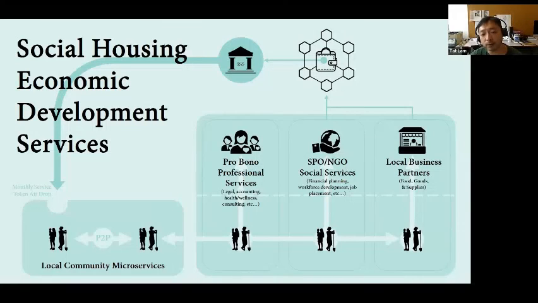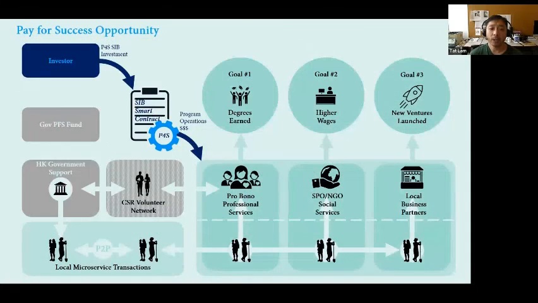The pro bono professional service is a support that this whole program links to CSR, providing professional services, for example accountants or business consultants, for local community members to start their own business or even go to schools. There is a program from the government, the Pay for Success Fund, which is also the Social Entrepreneurship and Innovation Fund under the Innovation Bureau of the government.